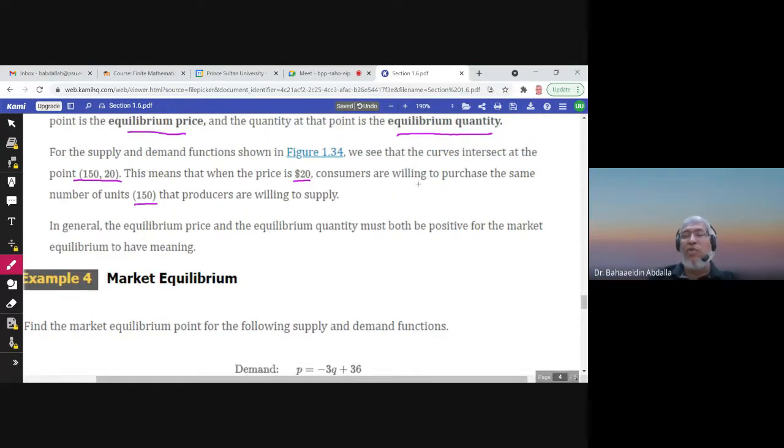So consumers are willing to purchase the same number of units that producers are willing to supply, which is 150 when the price is $20.